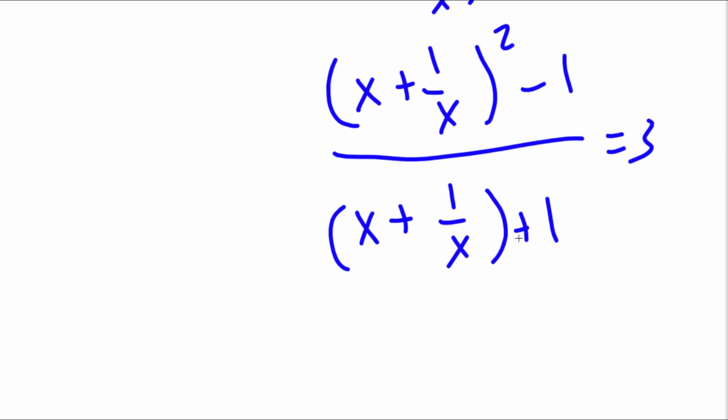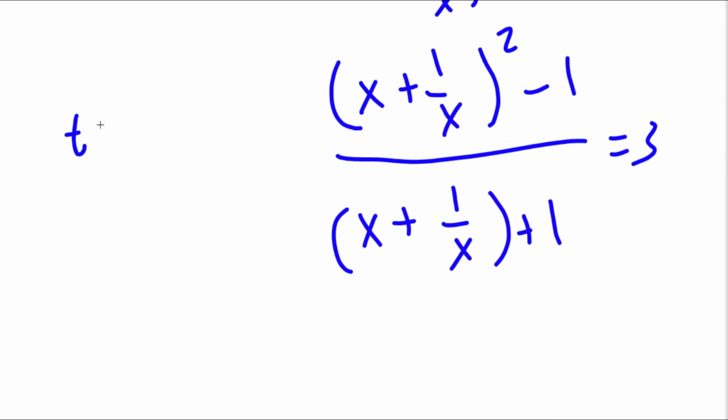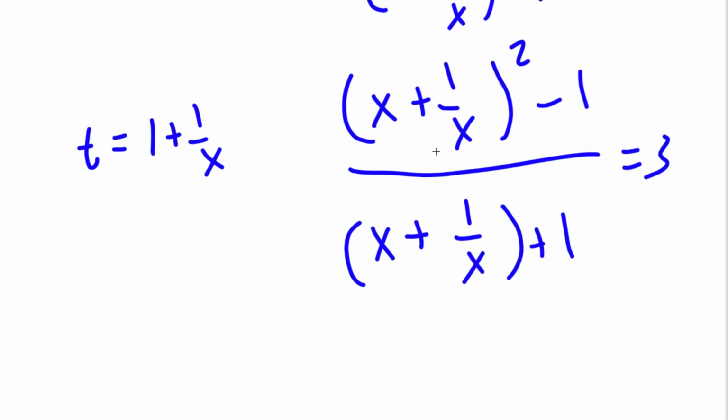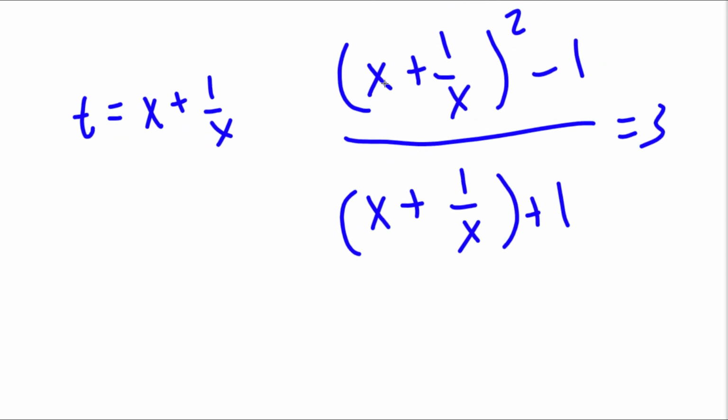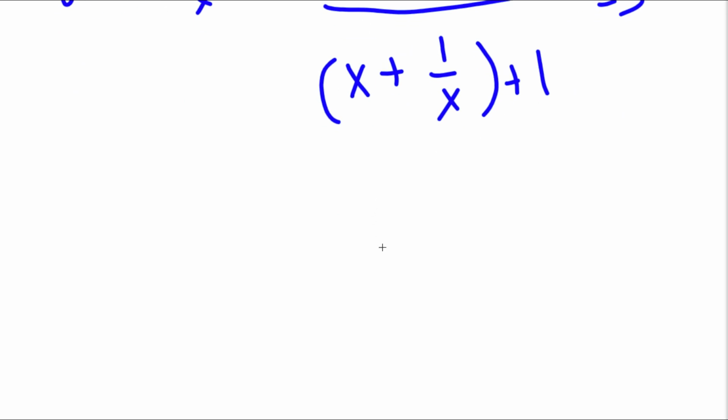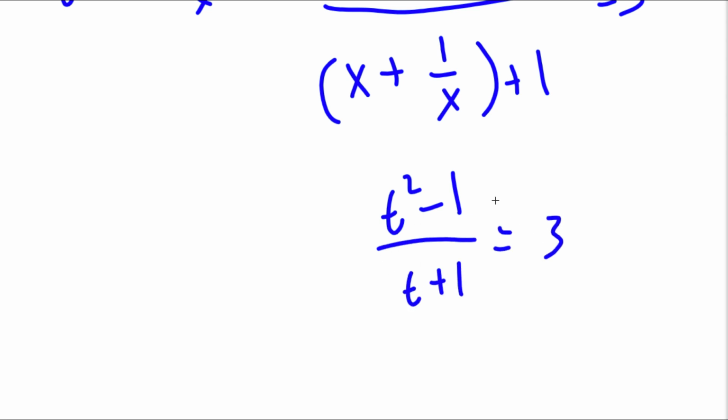Now remember how we had t is equal to x plus 1 over x. So if I substitute in t for x plus 1 over x, I get (t^2 minus 1) over (t plus 1) is equal to 3.